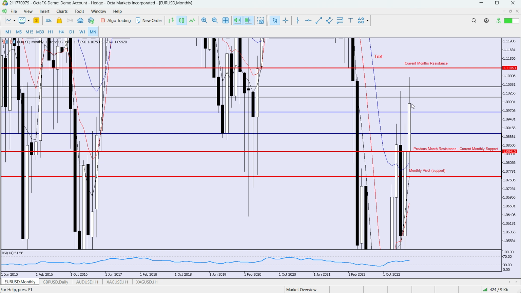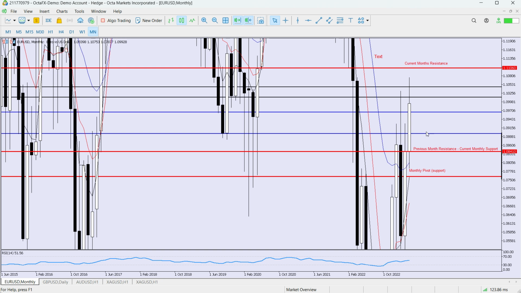So in the next month, in the next week, the price will try to test this area, 1.0970 first, which is already nearby, and at maximum it will reach around this area.